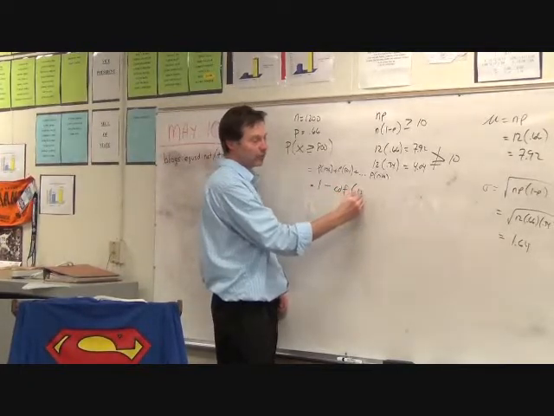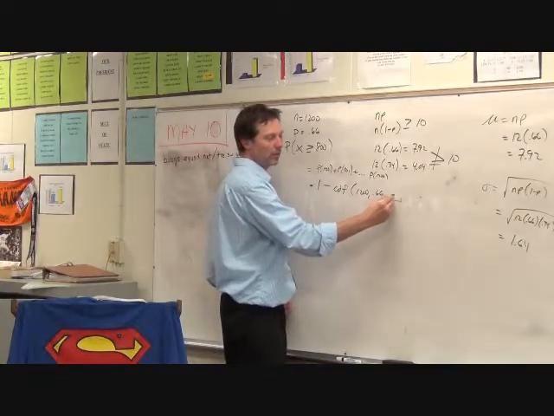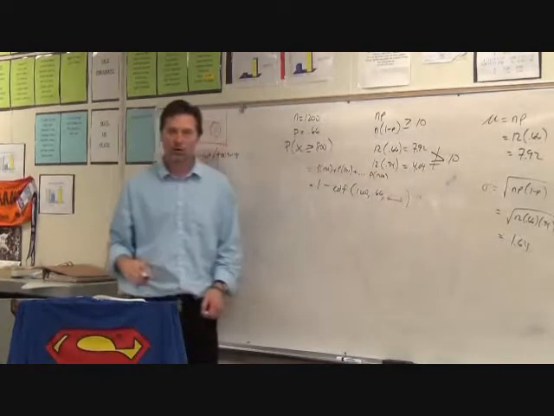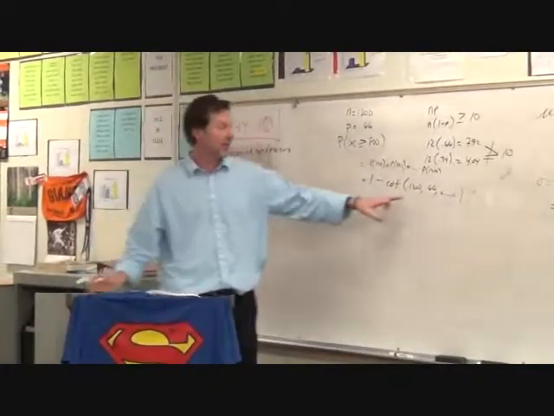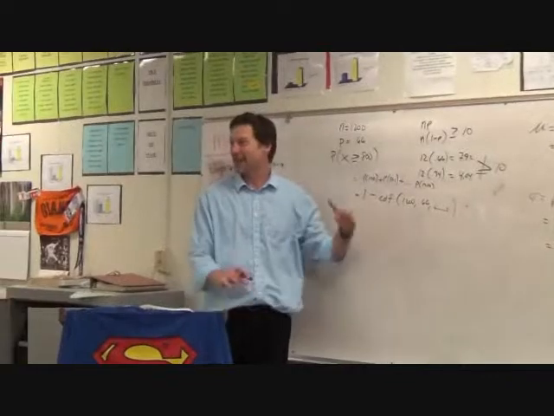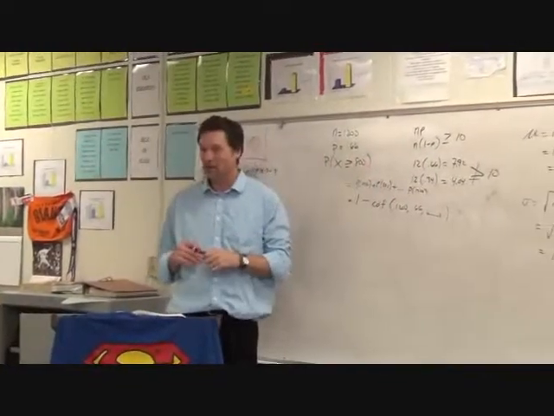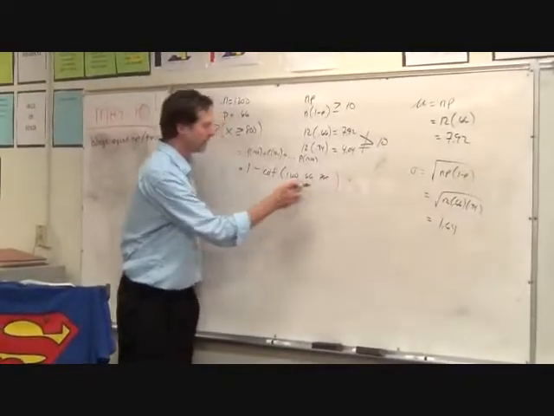CDF, 1,200, 0.66. What would go here? 799, right? The CDF adds up all the way from 0 to 799. Take 1 minus that, and it's going to leave the 800 and on. Go ahead and throw that in your calculator and see what percentage we get.